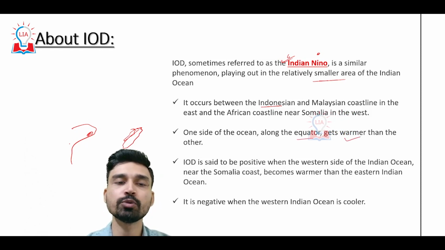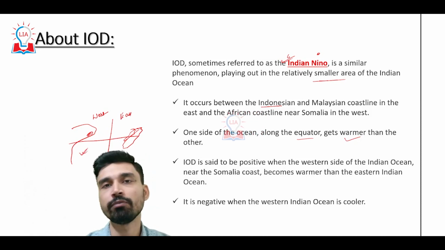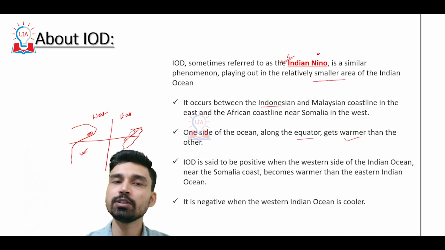Basically, IOD refers to a situation where we can divide the entire Indian Ocean into two areas, the western area and the eastern area. Whenever the temperature of one region, for example the western region or the eastern region, becomes higher than the other region, that is when we call it the Indian Ocean Dipole.